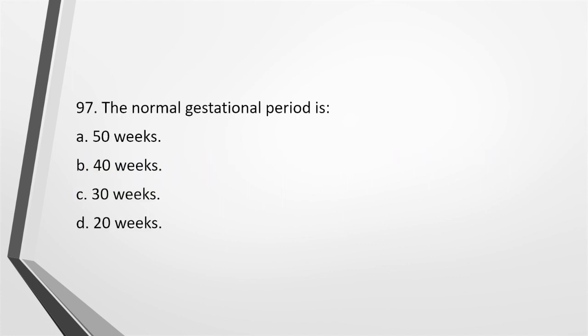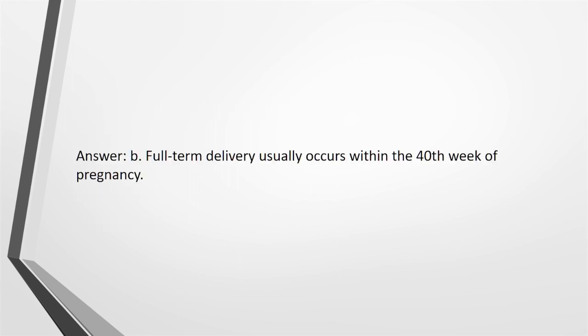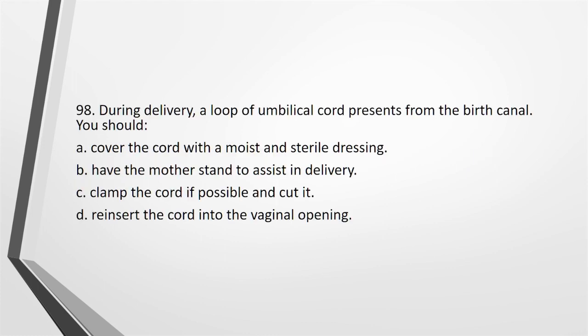97. The normal gestational period is A. 50 weeks. B. 40 weeks. C. 30 weeks. D. 20 weeks. Answer. B. Full-term delivery usually occurs within the 40th week of pregnancy. 98. During delivery, a loop of umbilical cord presents from the birth canal. You should A. Cover the cord with a moist and sterile dressing.